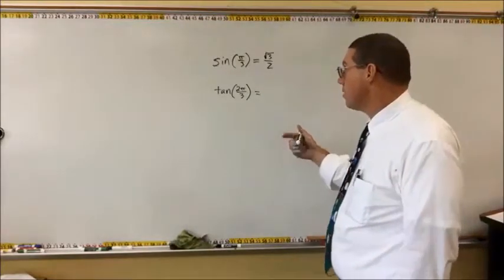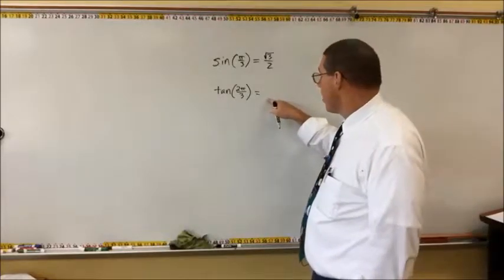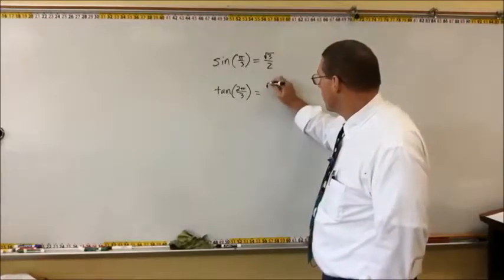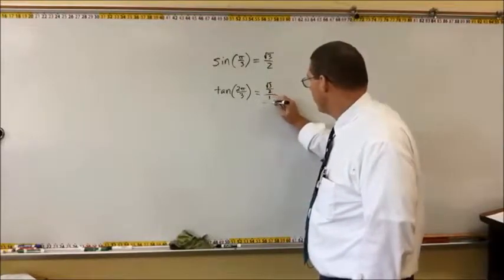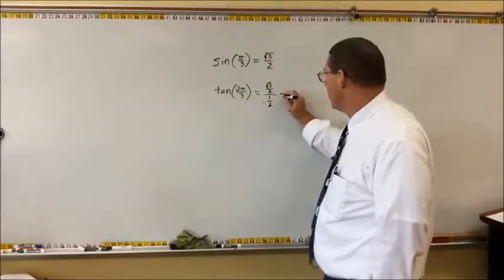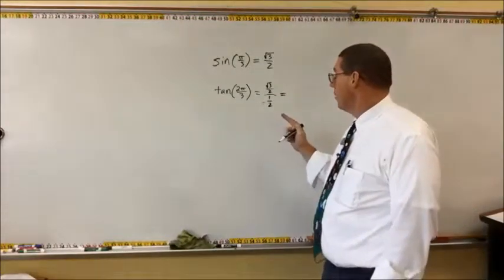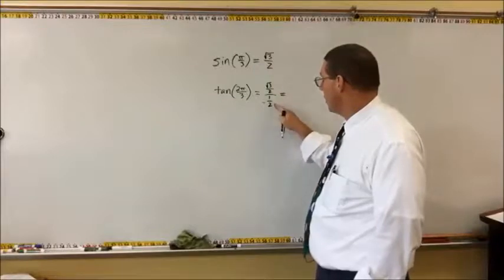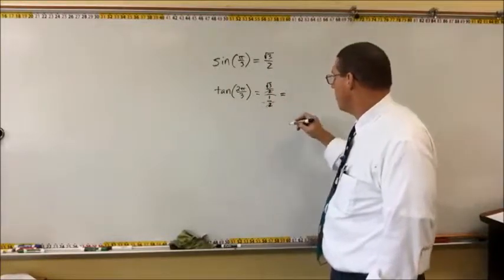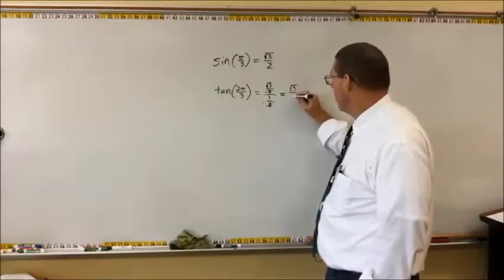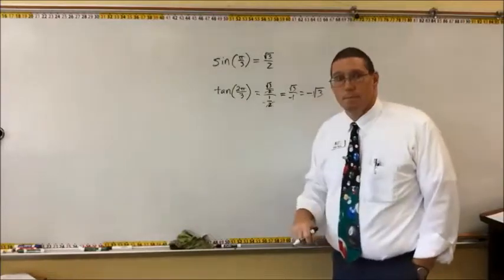And since tangent is the same thing as sine over cosine, and since sine at 2 pi over 3 is square root of 3 over 2, and cosine is negative 1/2, then you have to simplify this. Basically there's a 1/2 up here and a 1/2 down here. Both the 2's basically cancel in the top and the bottom, and we have the square root of 3 over negative 1, which is negative square root of 3.